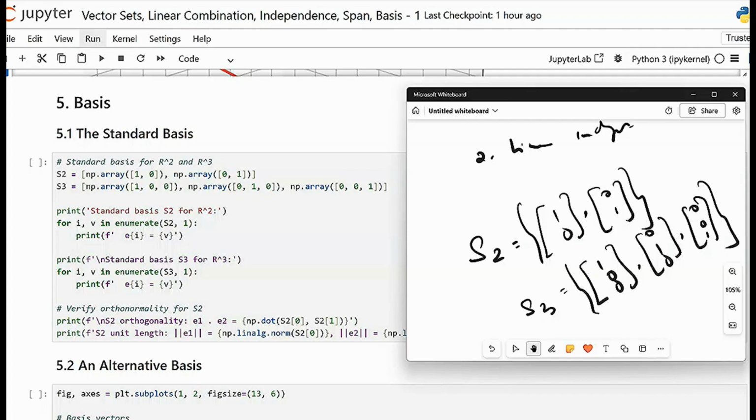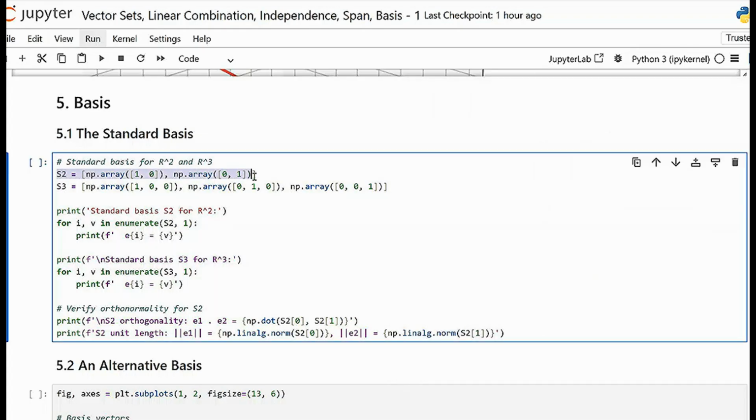Dear friends, kindly observe here: this S2 defines the standard basis of R2. And here we have three-dimensional functionality, yes, the standard basis of R3. Each vector points along one coordinate axis.